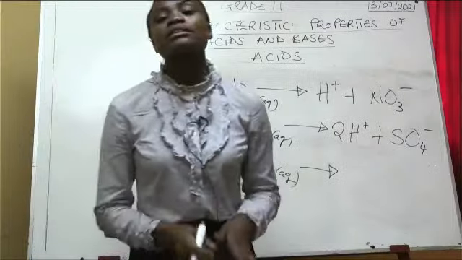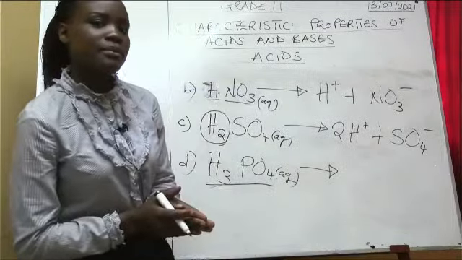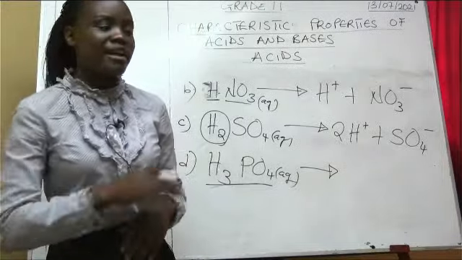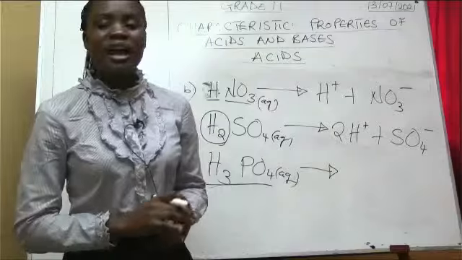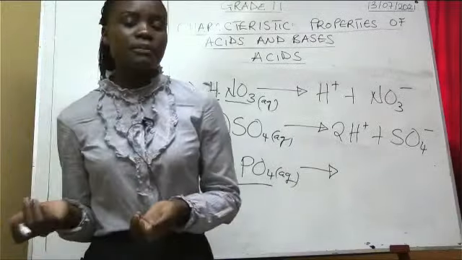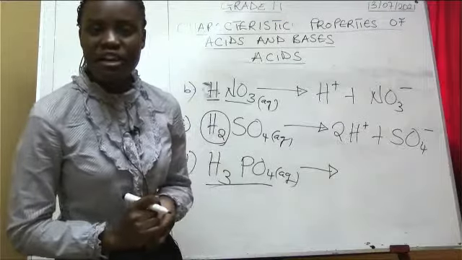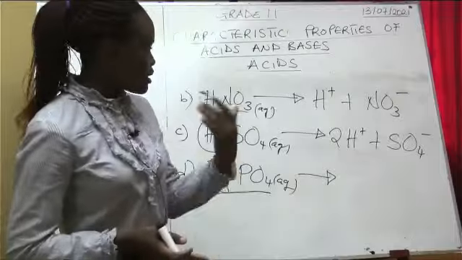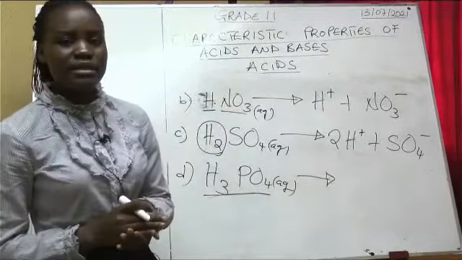These are mineral acids and they are strong acids. Then we talked about organic acids. These are naturally occurring and mostly are found in plants. We gave an example of ethanoic acid found in vinegar and citric acid. Then the last one was how we ionize acids.